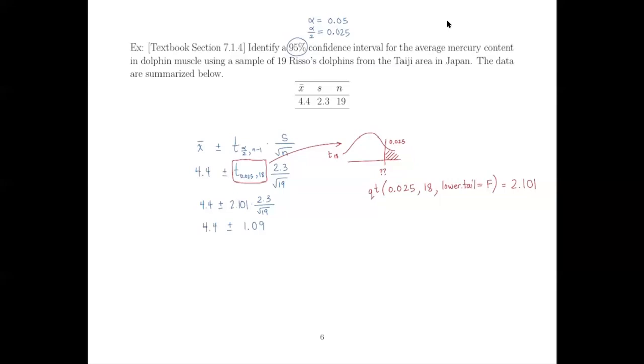Usually I try to carry the full numbers through as much as I can, but it's nice to round as we go just for ease of looking at this. Oh, I forgot, sorry, 1.109, there we go. And then from there, you're going to write out the two values. The lower value is always the minus value, and the upper value is when we add the value.